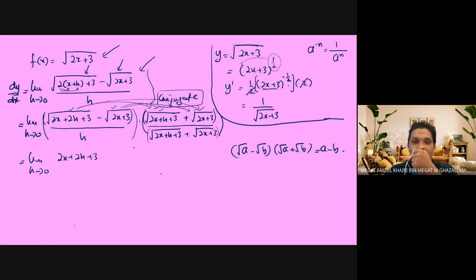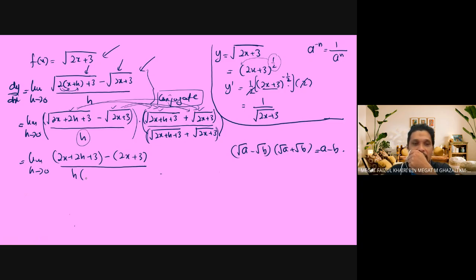We straightaway come out with 2x + 2h + 3 minus (2x + 3) divided by, okay, we still have h and we still have the square root. It's supposedly 2h here.